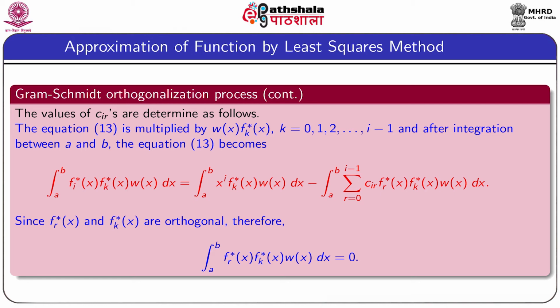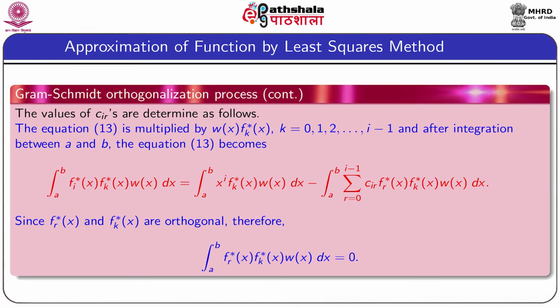Note that within the summation, all the terms are zeros except one. That term is when r equal to k, that means cir fr star x into fk star x is non-zero for r equal to k. All other terms are zeros due to the properties of orthogonal polynomials.